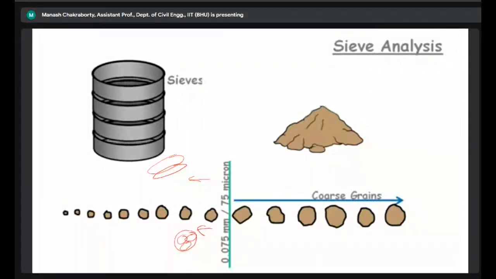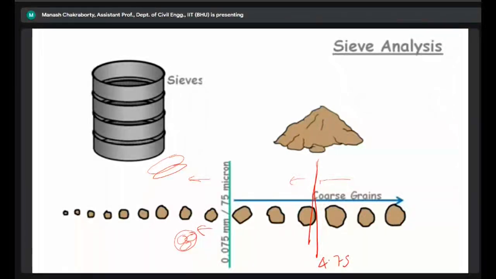So above 75 micron, we perform the sieve analysis, and we have a demarcation as mentioned, the 4.75 mm. We have the gravel fraction above 4.75 mm and the sand fraction below 4.75 mm, right?